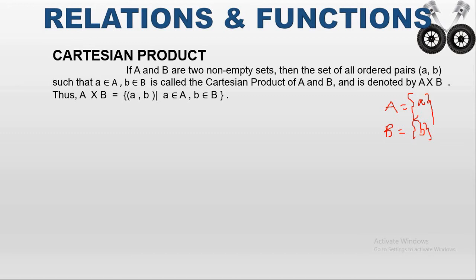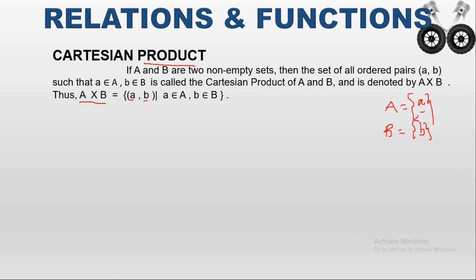So Cartesian product means you have to multiply, that is A cross B. So A cross B, I am going to multiply the values in A as well as the values in B. What is the value in A? That is a. So that can be written in an ordered pair. So a should be written first, then comma, what is the value for B? That is b. That should be written second.